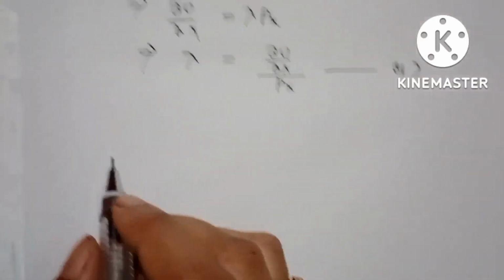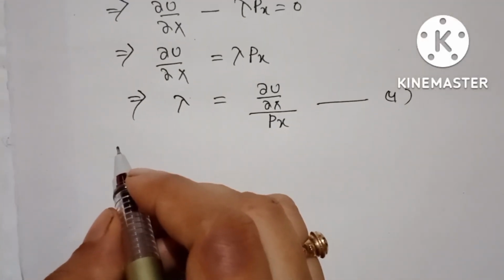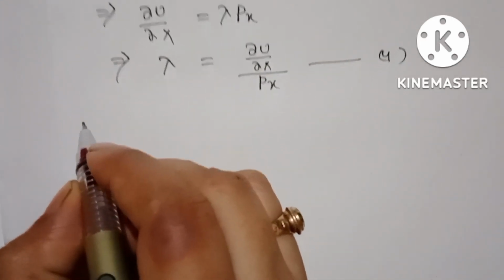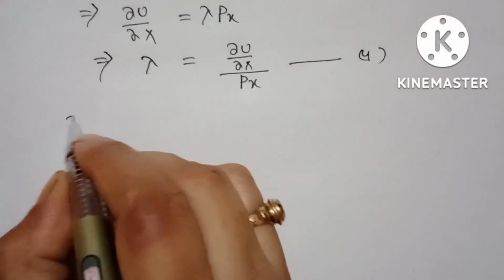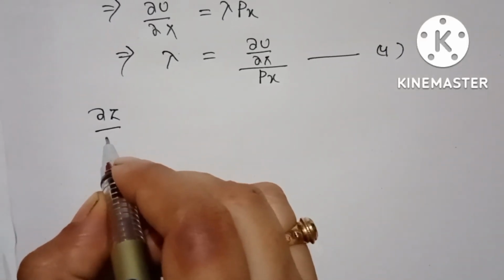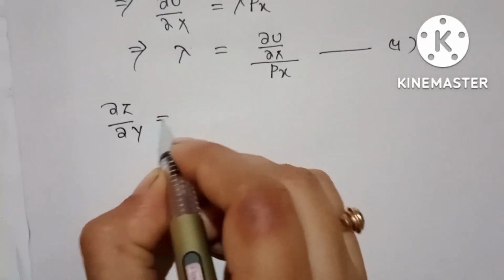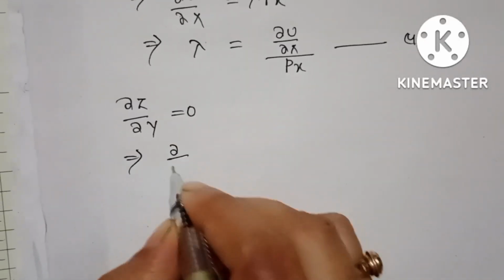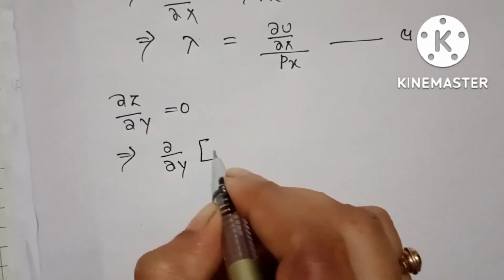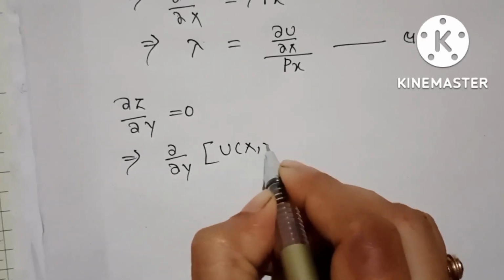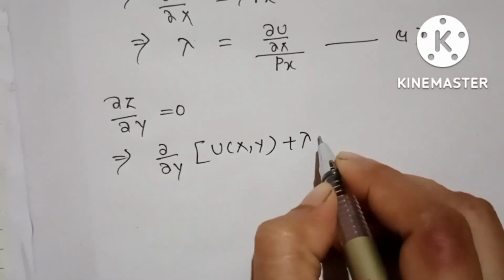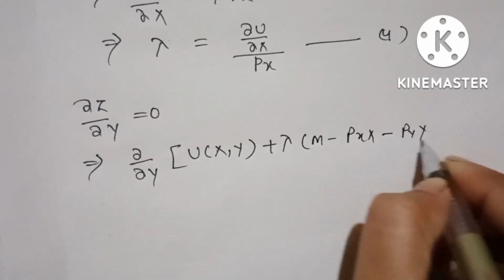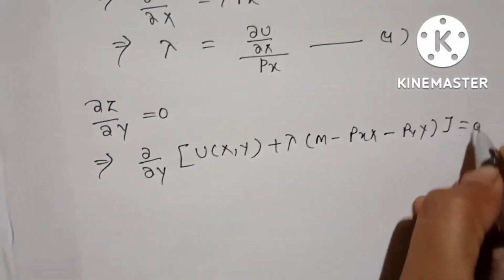Now set the partial derivative of Z with respect to y equal to 0 and find the value of lambda. So del z by del y is equal to 0. So this becomes del by del y of the utility, which is a function of x y, plus lambda into M minus Px x minus Py y, equal to 0.